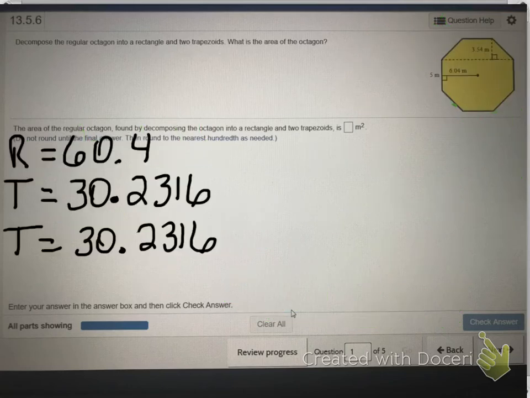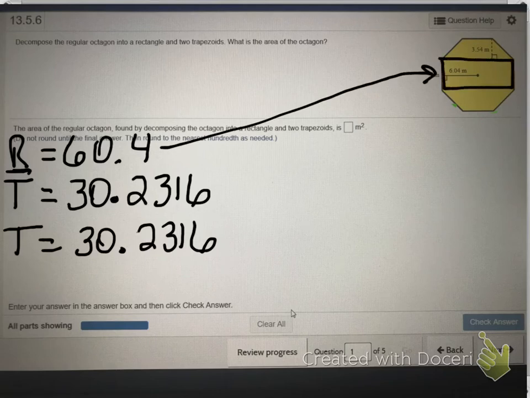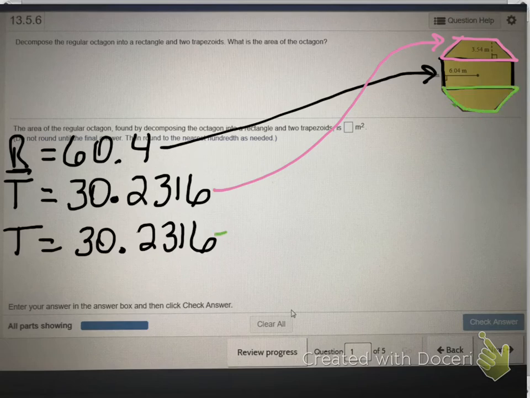Okay, I've cleared up my screen, and what I did was I wrote the area that I figured out for my rectangle, which was this one right here, if you remember. And then I wrote, I'm going to change colors, the area of the trapezoid that I figured out, which was this one right here. And because the trapezoid at the top is the same area as the trapezoid at the bottom, I just rewrote that number a second time.